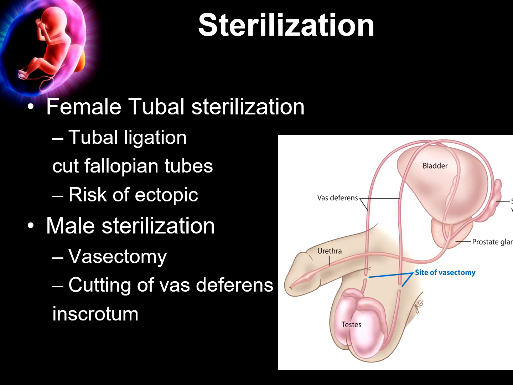The method for female sterilization is called a tubal ligation or a bilateral tubal ligation, and this is when the fallopian tubes are cut or occluded to prevent fertilization. Some of the ways that physicians do this during surgery are placing clips, bands, or rings, and removing a part of the tube.